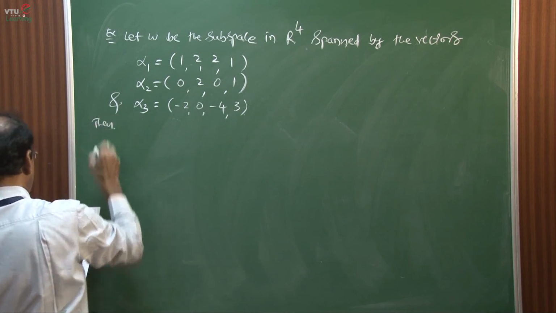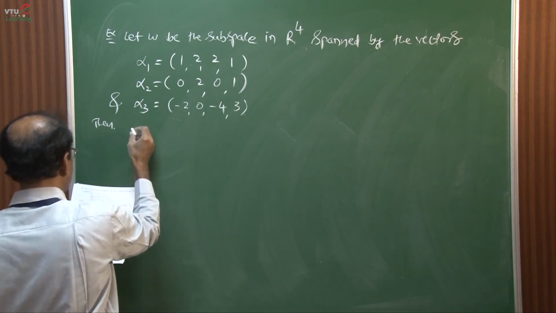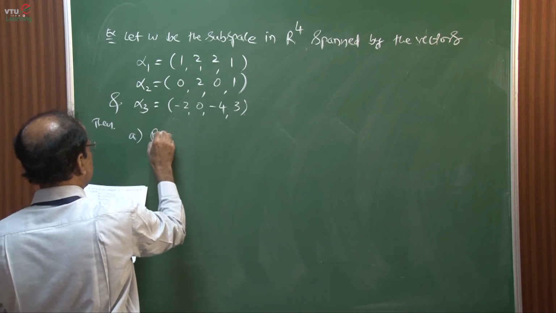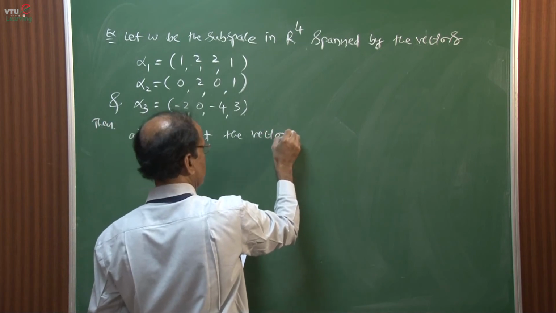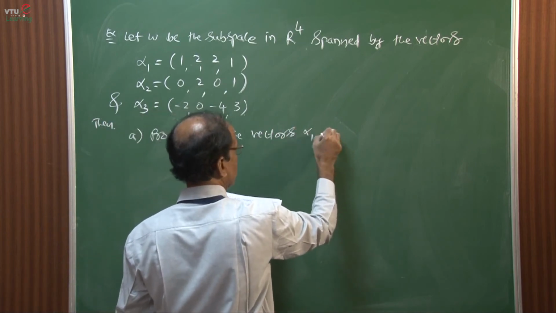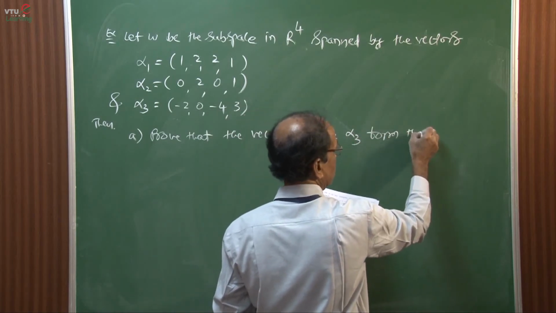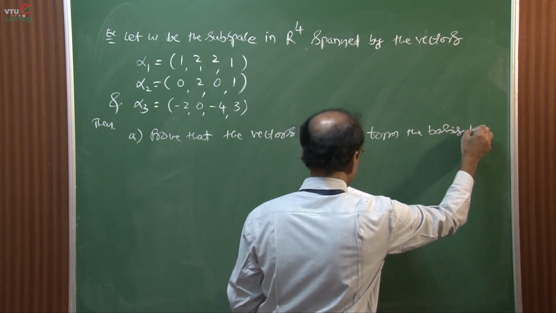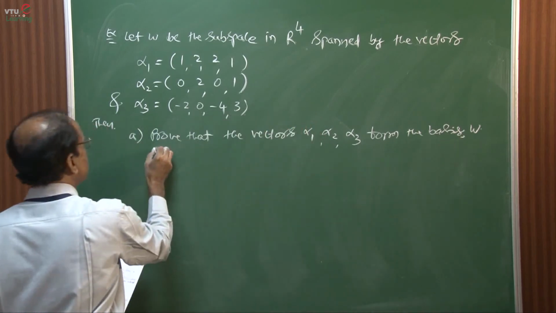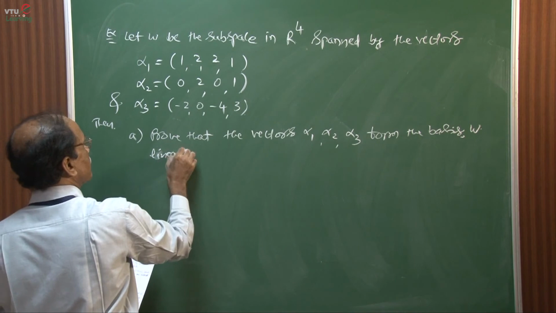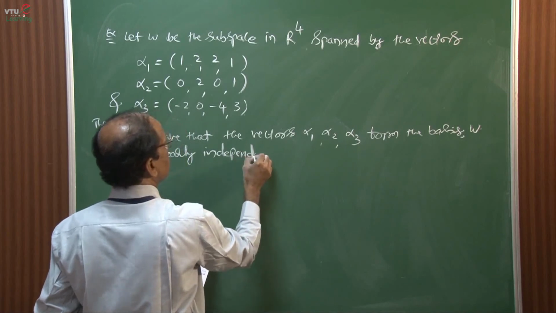Then there are 4 questions. Let me answer the question A. Prove that the vectors alpha 1, alpha 2 and alpha 3 form the basis of W, and are linearly independent.